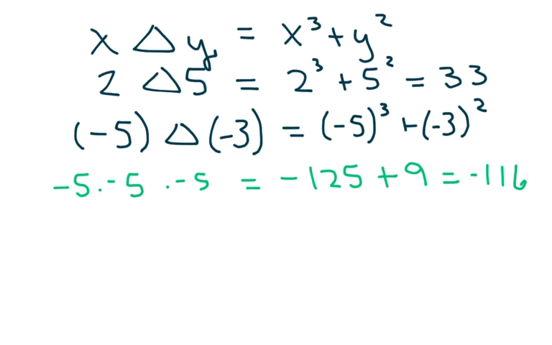Okay? Now, let's try a little more complex, and let's go back to the first one we tried. I'm going to define, let's try a happy face. A happy face B equals 4A minus 3B. Remember this from the first one.